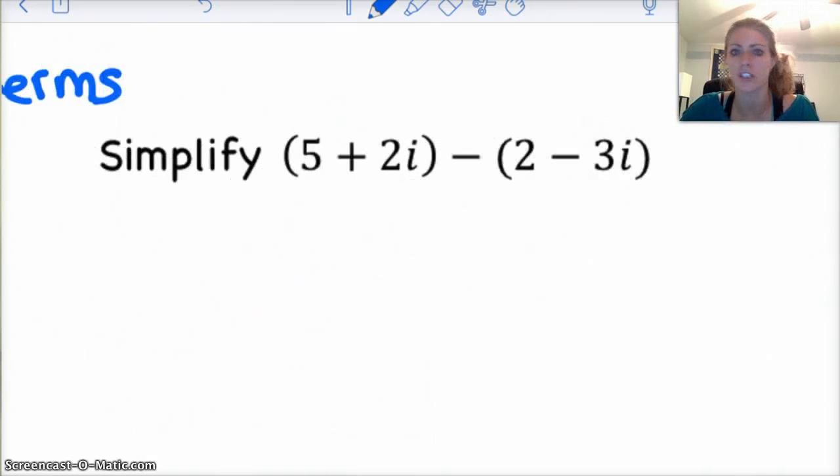Same thing with subtraction, you just got to make sure that you're paying attention to the negatives, right?